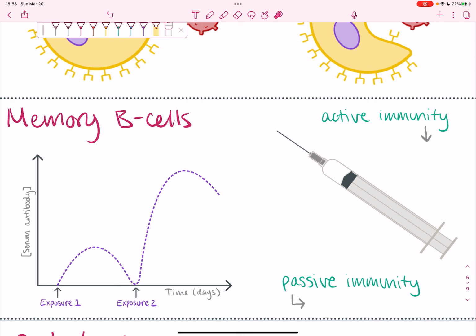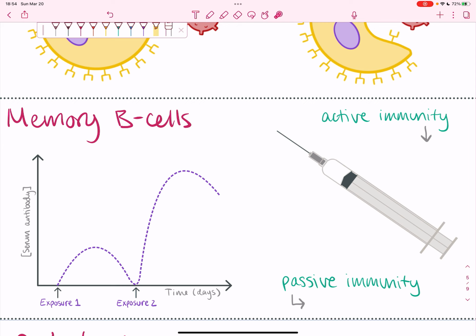Memory B cells will recognize the pathogen, in this case COVID, and will mount an immune response not only faster, but stronger. So your serum antibody level goes up way faster and is way higher.